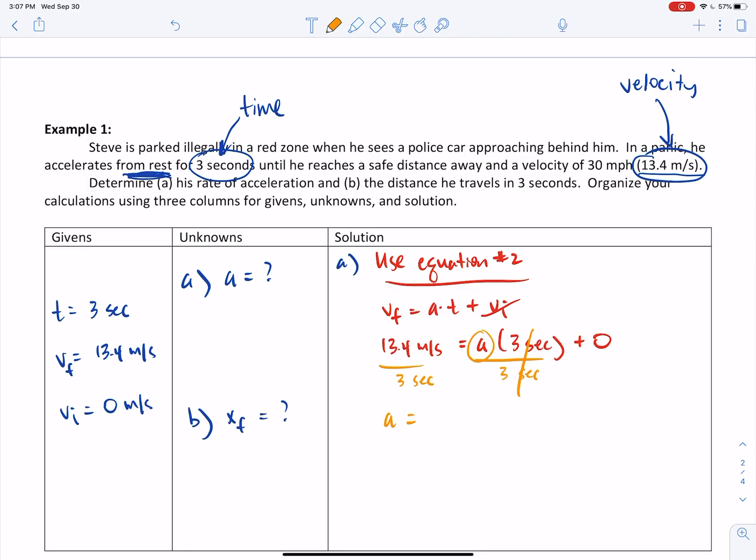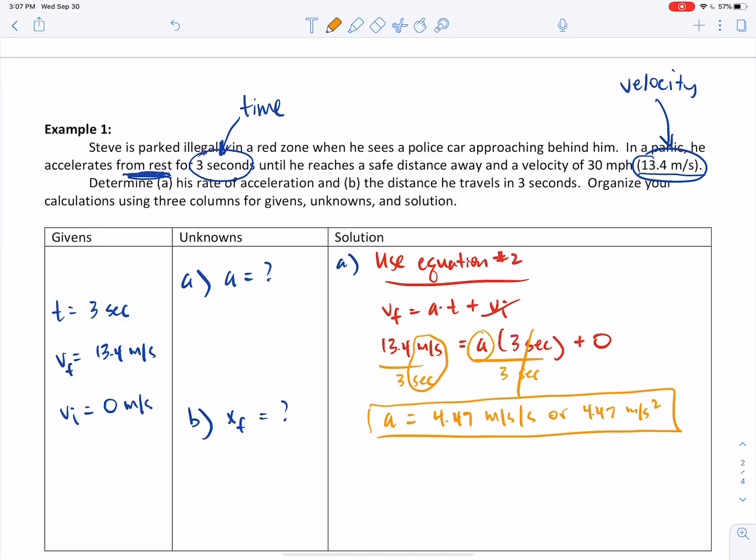And that gives me 4.47. And then what are the units? Well, they're actually right here. Meters per second per second. That's part of dimensional analysis, right? Or 4.47 meters per second squared. So this is my answer for the first part.